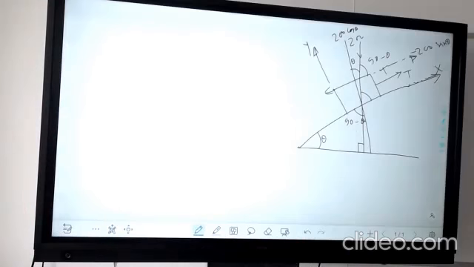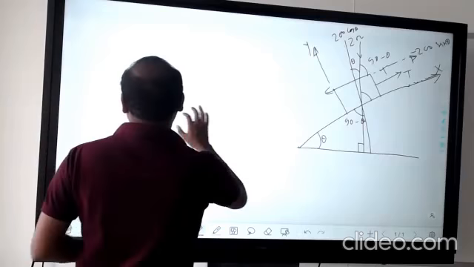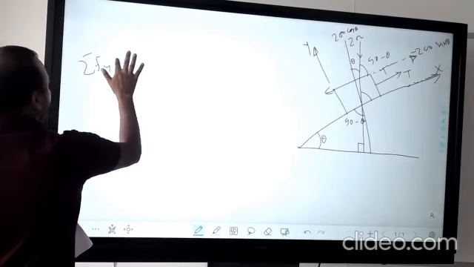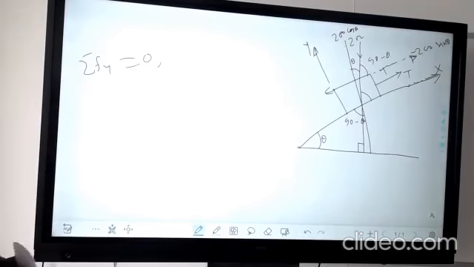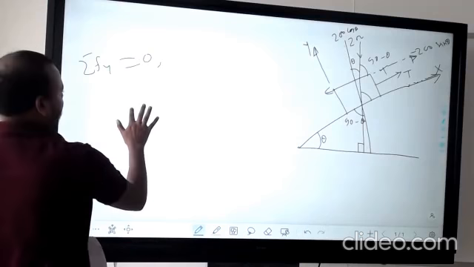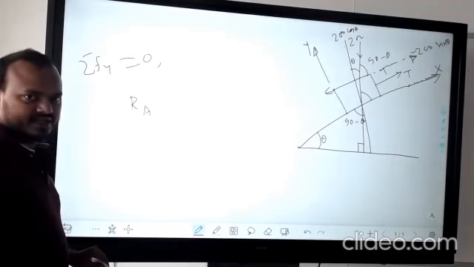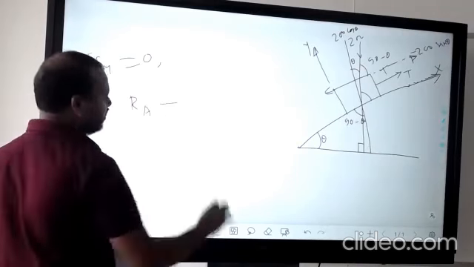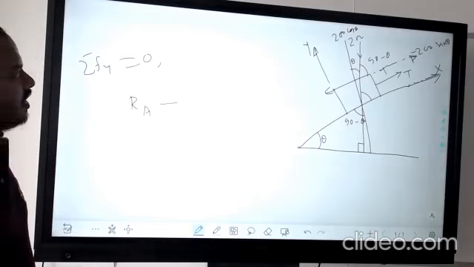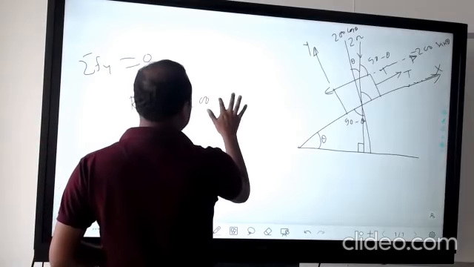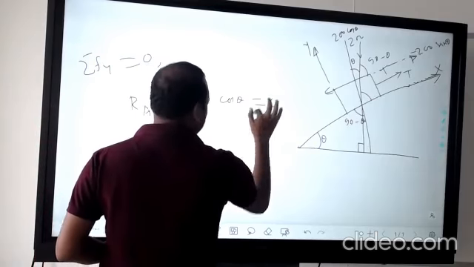Sweta? See, if you apply summation of F_y is equal to 0, then what will be the equation? Let's say that is R_A, the reactive force, R_A minus 200 cos theta is equal to 0.